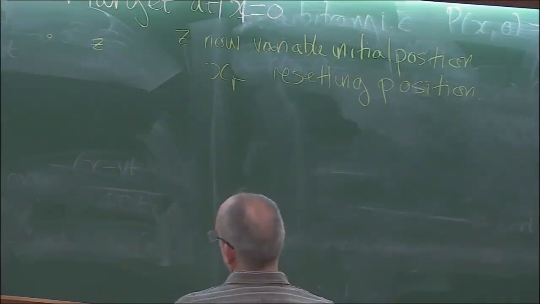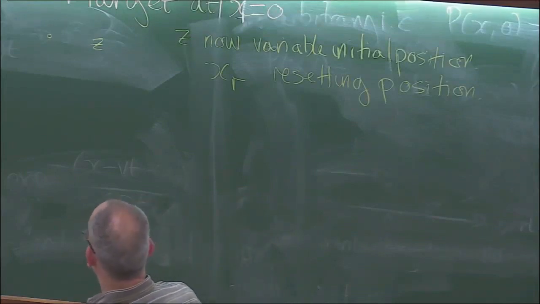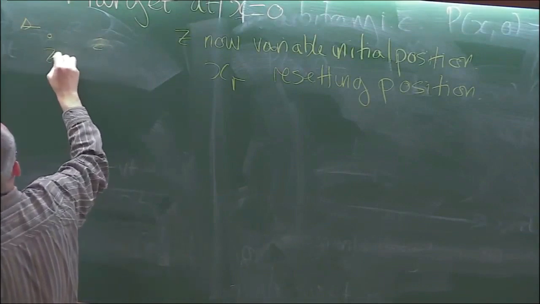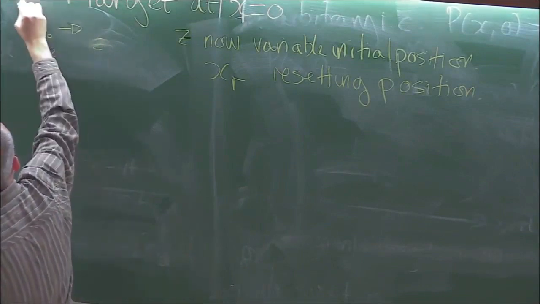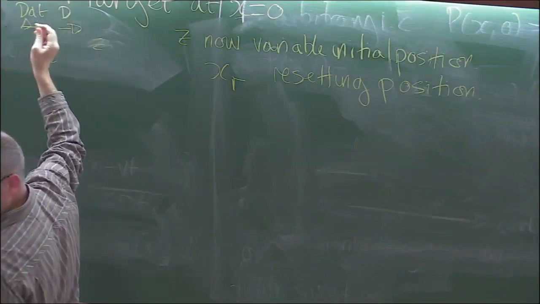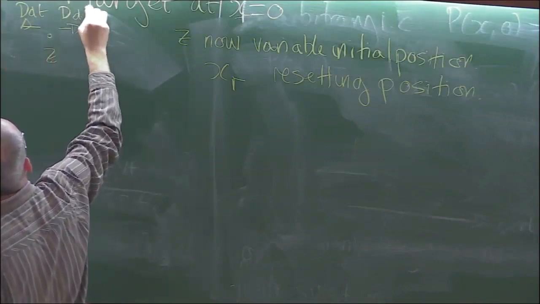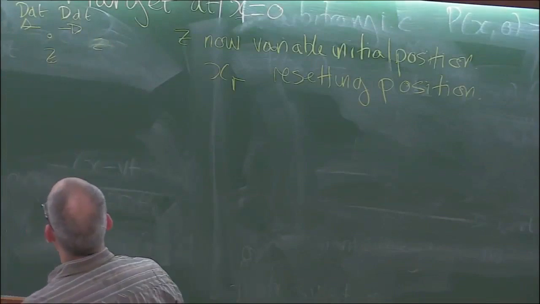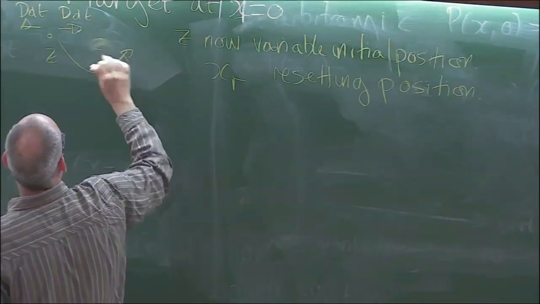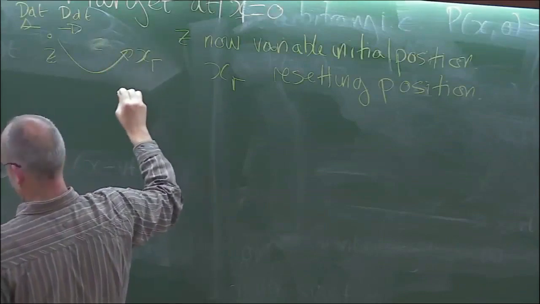Okay, so this is my position z, and I have my usual diffusion, which I'll indicate by, in some small time interval, going to the left or right with the rates D. And I have also resetting to position xr with the probability r dt, so rate r.